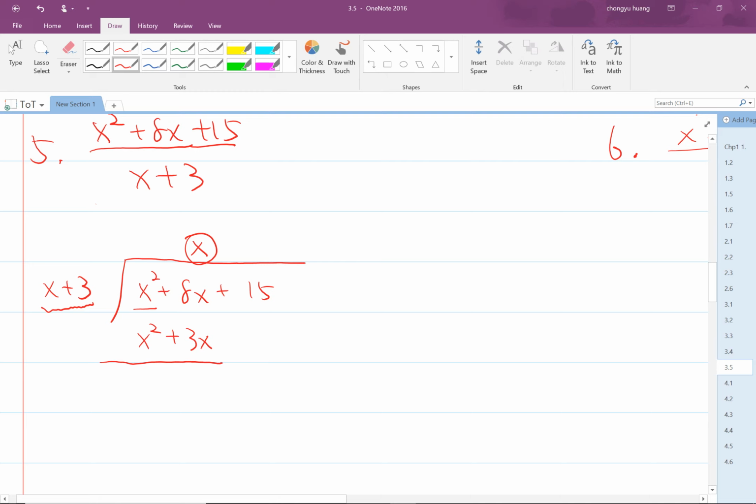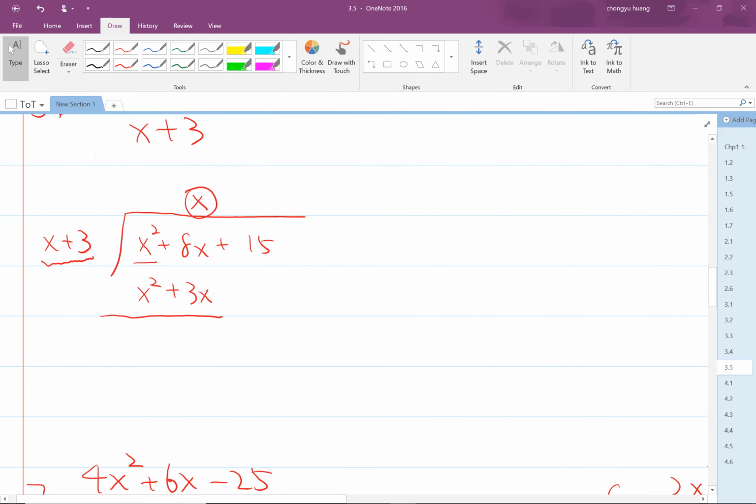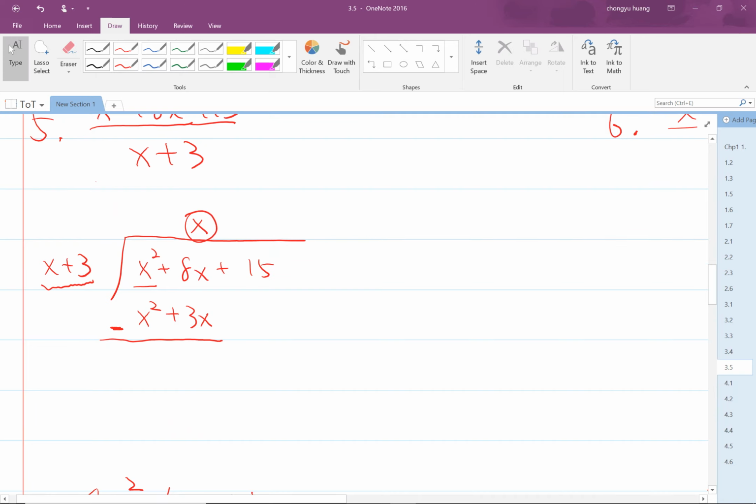And then you want to subtract. So we have x to the power 2 plus 8x, and for now you just ignore the positive 15. Let me repeat one more time: x to the power 2 plus 8x minus x to the power 2 plus 3x.